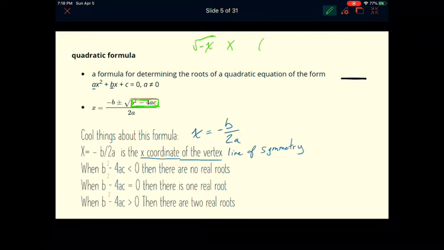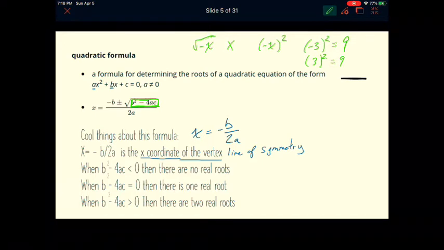Because anything squared is going to drop the negative. So negative 3 squared equals 9. 3 squared equals 9. Therefore, the square root of 9 equals plus or minus 3. Both of those are possible answers to the square root of 9, which is why we have the plus or minus sign here.